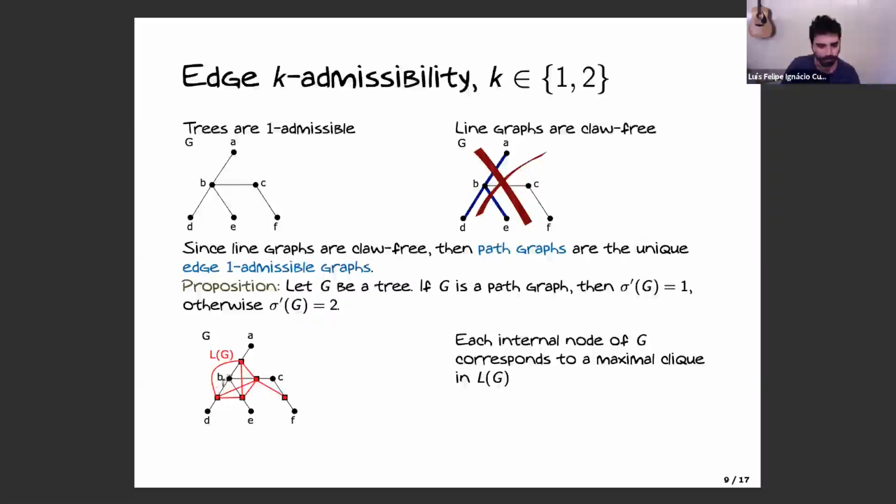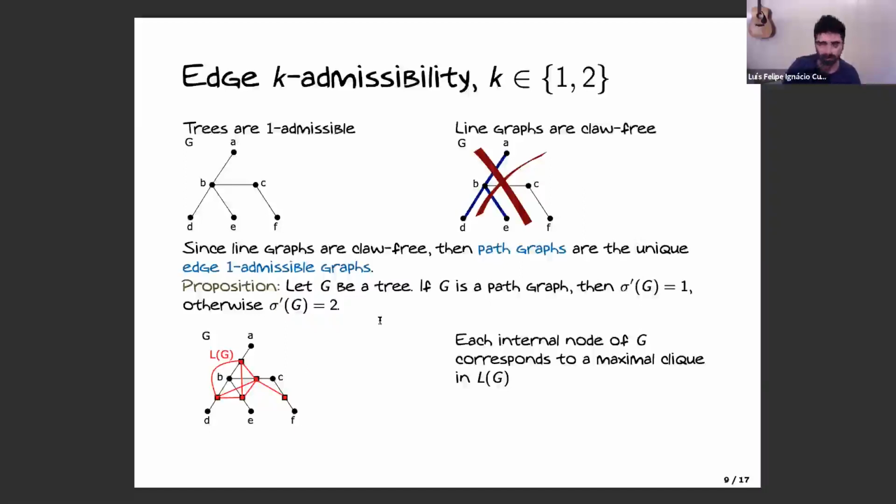So for vertex B, there is a clique of size 4, because the degree of B is equal to 4, and it's very easy to see that it's a complete subgraph. And also for vertex C, which has degree 2, there is a complete subgraph of size 2, so there is a K2 here.